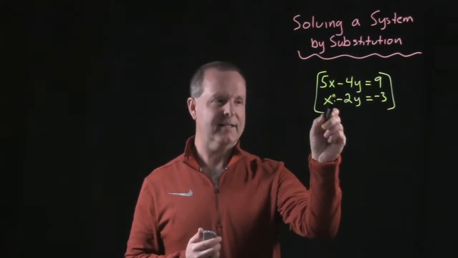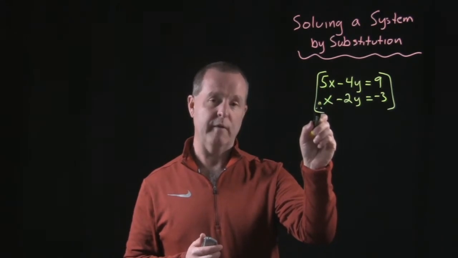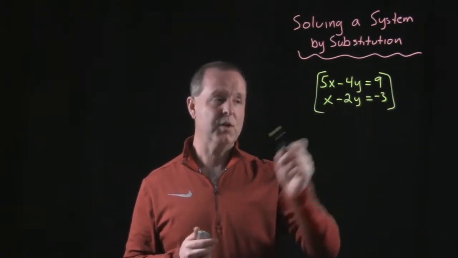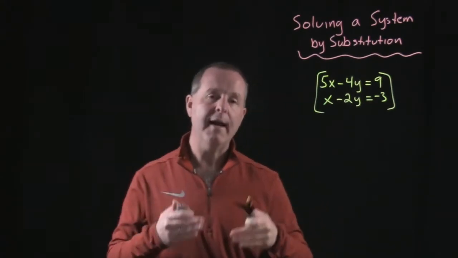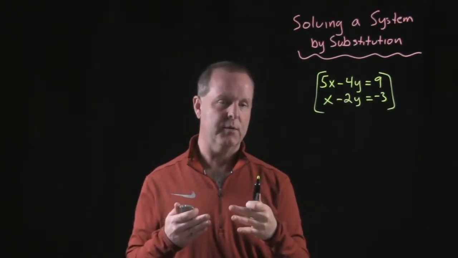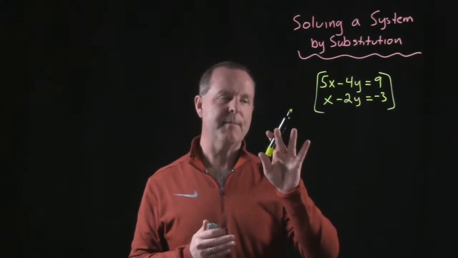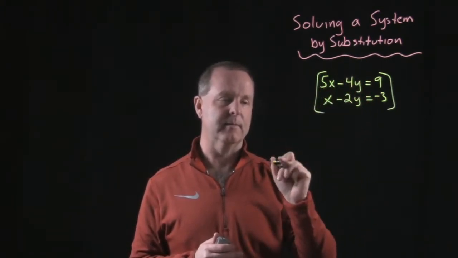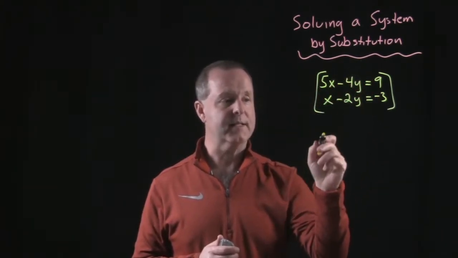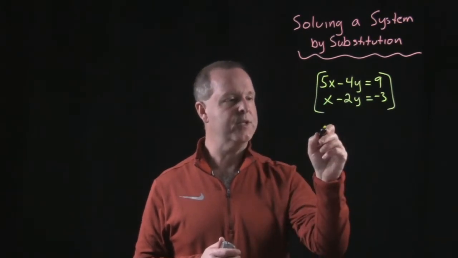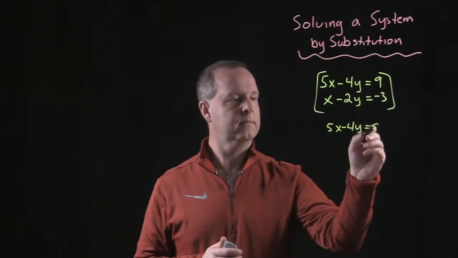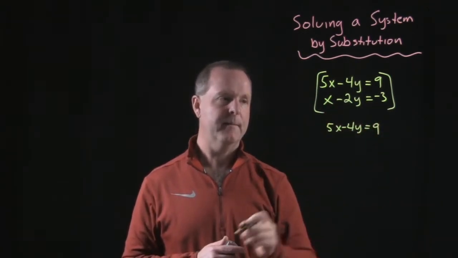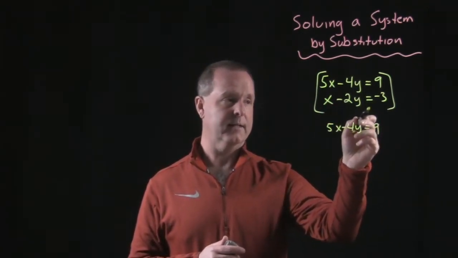And I see this x all kind of by itself. There's no coefficient. All I have to do is add 2y to both sides. x is by itself. But I want to help you develop a pattern of how we're going to do that. I want us to keep in mind that we're solving the entire system. So I'm going to rewrite the system again with one modification. The first line I'm not doing anything to. The second line, I'm going to add 2y to both sides.